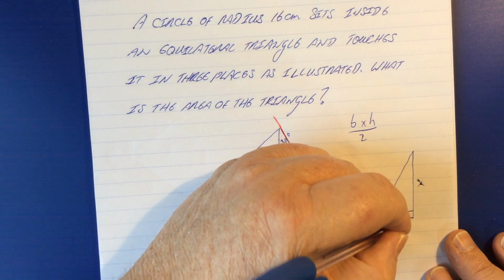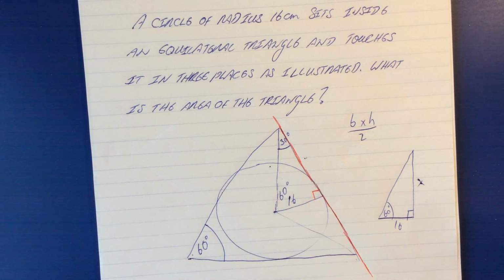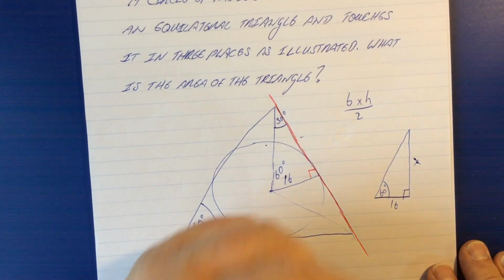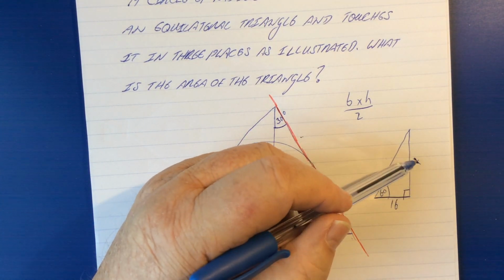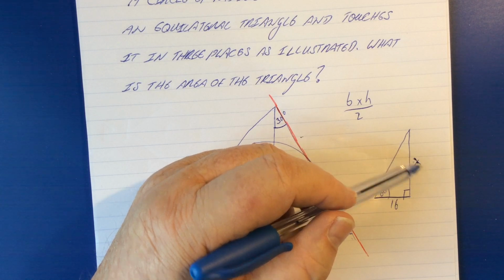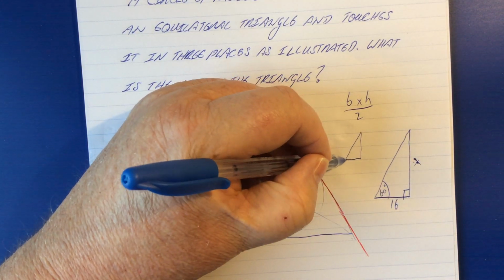So 16, 60 degrees. And for those of you who've done circular trigonometry, the length of this side is going to be 16 times root 3. Just have a quick look at that.